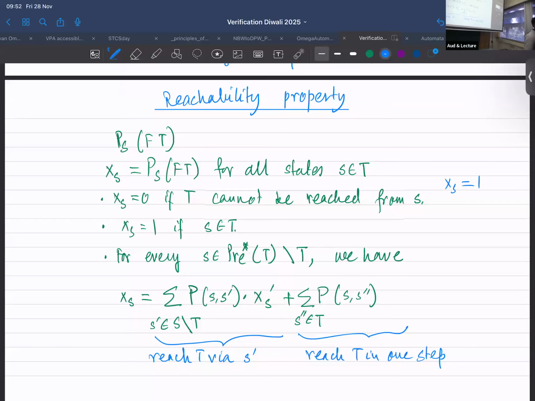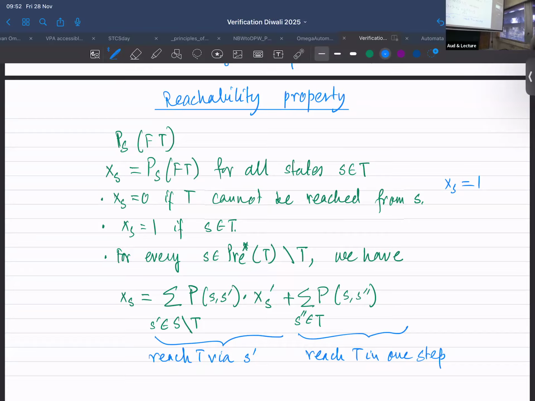It's possible, isn't it? Even if it is not in T, the probability of reaching there can actually be 1. With probability 1, you are going to reach there. So there may be some states which are outside T, but still xs is 1.